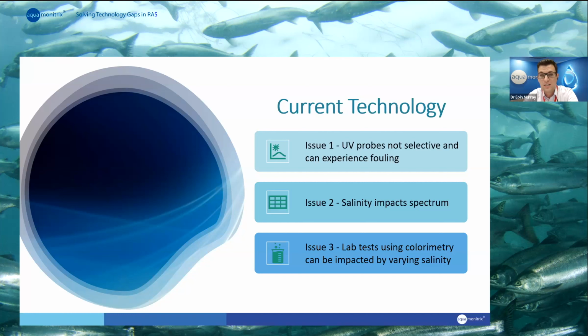When considering process control, it's simply not good enough because it only delivers poor temporal and spatial information. And when considering process control, you really need in situ continuous monitoring. Often grab samples as well are based on colorimetric methods, and these methods can be impacted by varying salinities as well. So it's another issue to consider.